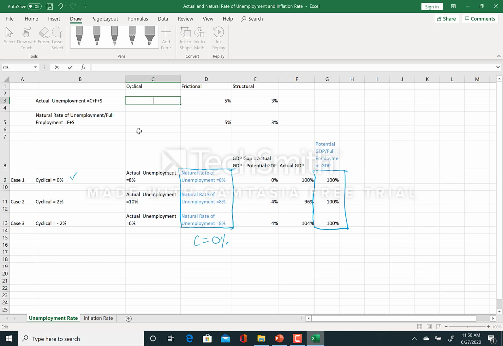Case 1, when cyclical unemployment is equal to 0%, I can just write this to be equal to 0%. If this is the case, the actual unemployment is 8, 5 plus 3. This will be equal to natural rate of unemployment.